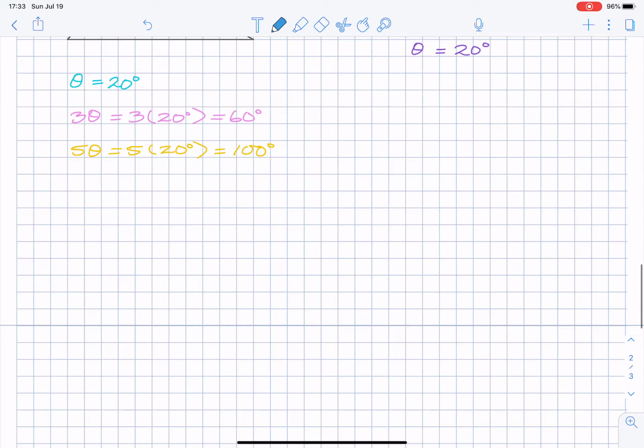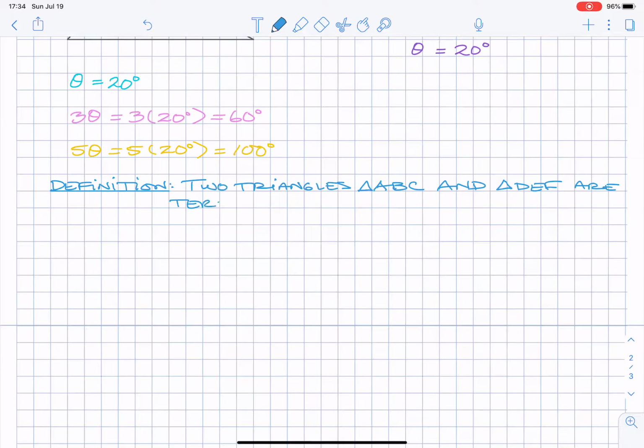Okay, so definition. Two triangles, triangle ABC and triangle DEF are termed similar.